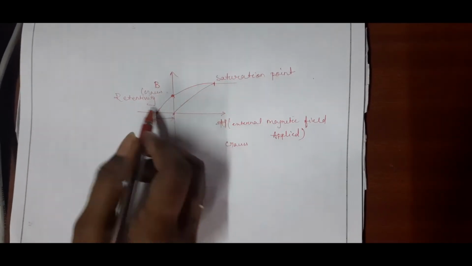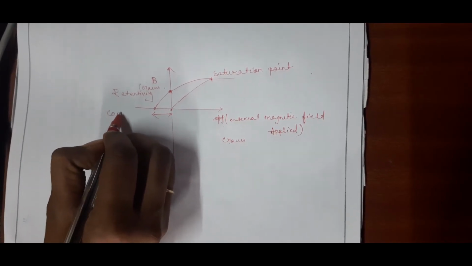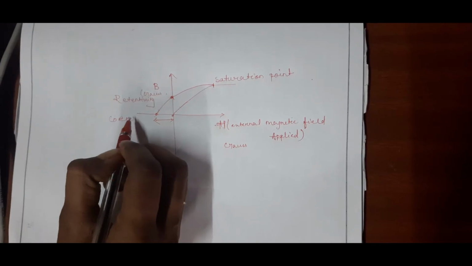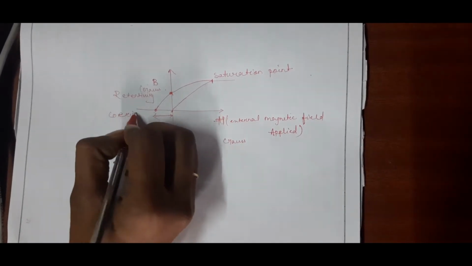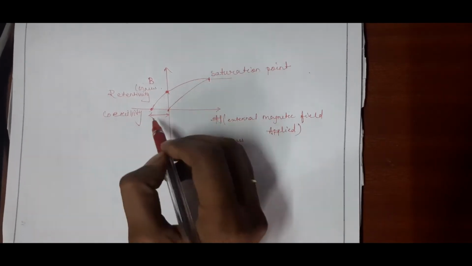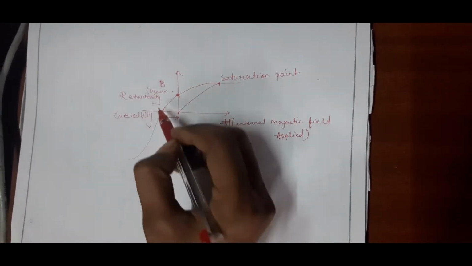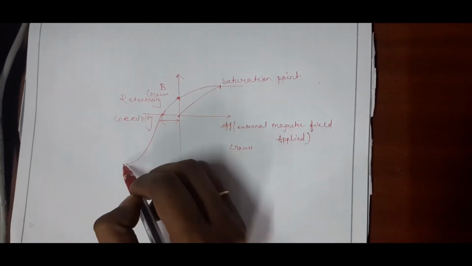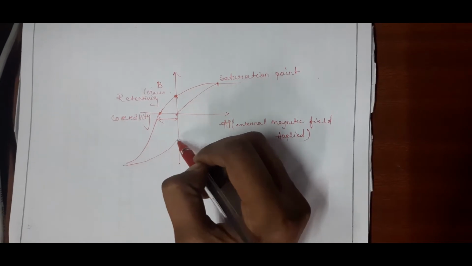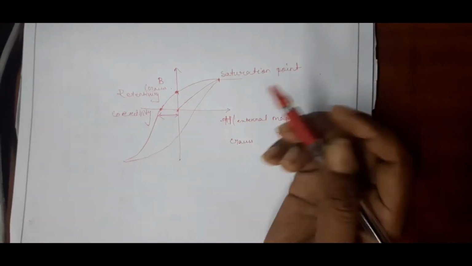This force is called the coercivity. Again on the negative side, when we increase the H value, it goes to the saturation point again. Again it will be like this.